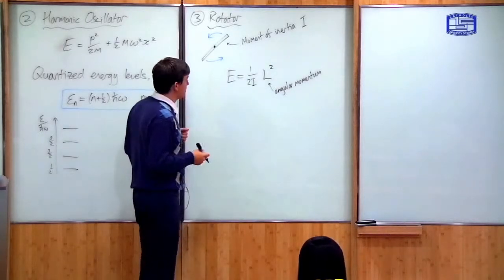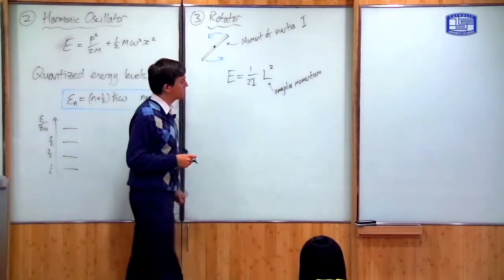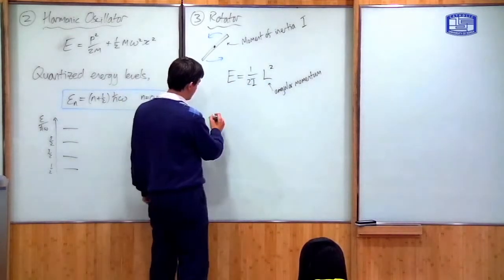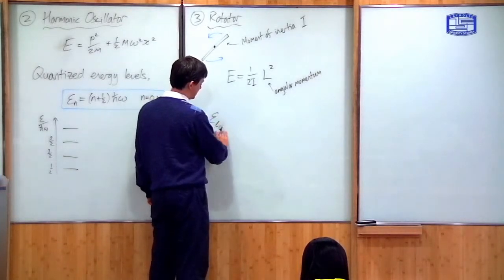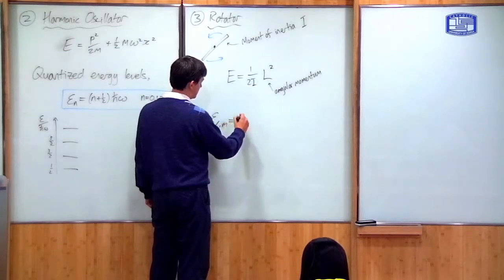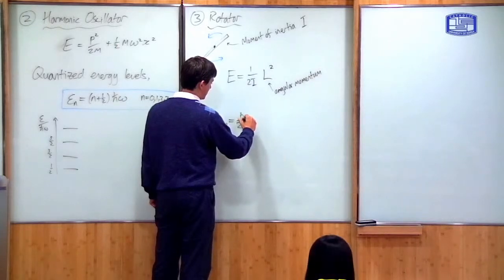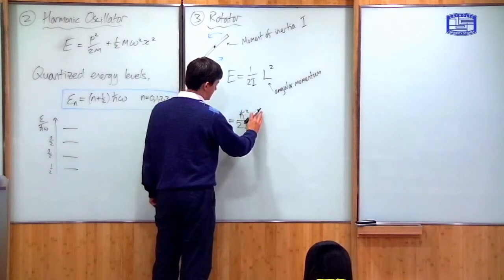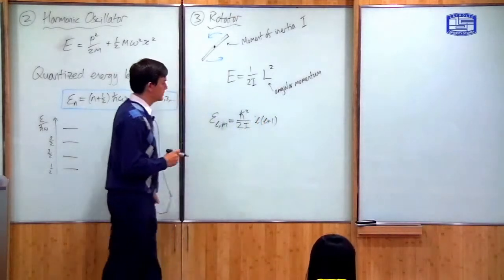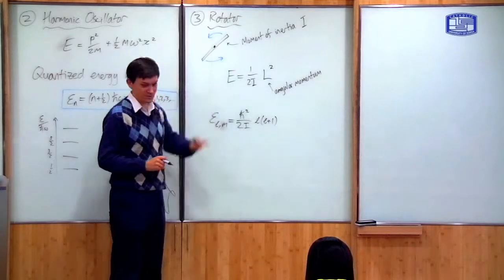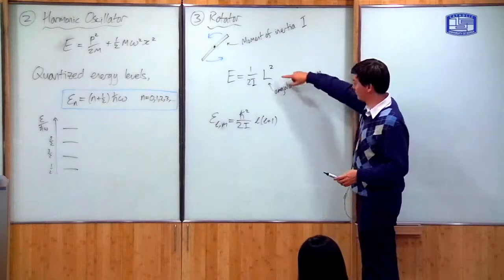And if you've done a quantum mechanics course, you will know that the L squared operator, the angular momentum squared operator, has energy levels which are labeled by two numbers, which are usually given the labels L and M. And the energy in particular is 1 over 2I times h bar squared times L times L plus 1. So it doesn't depend upon m. M is just a counter of the degeneracy, which represents the size of the angular momentum around a particular axis.